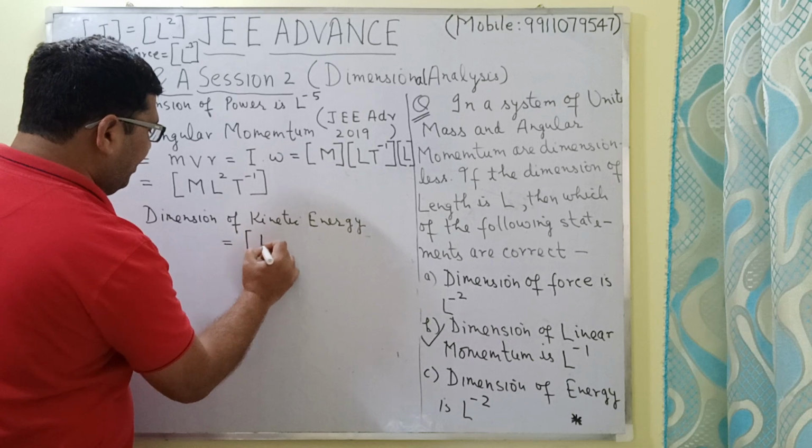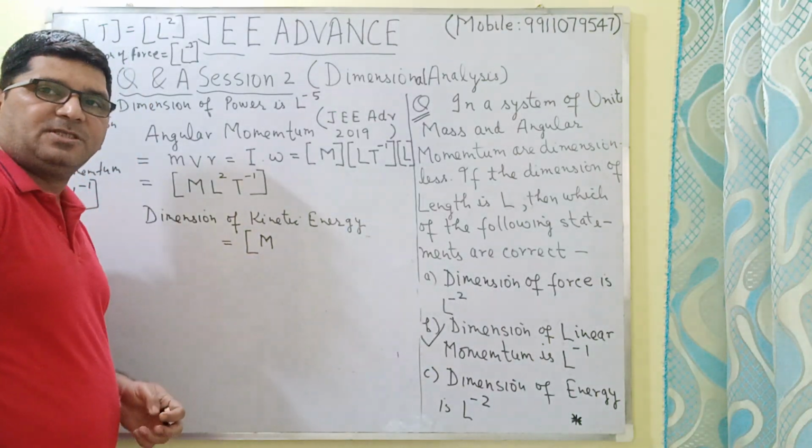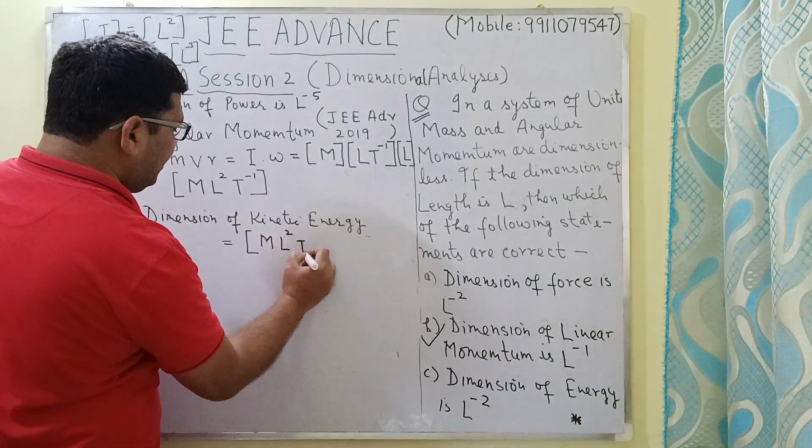So this will be equal to M. Now v square: the dimension of velocity is L T minus 1. So if I square it, this will be equal to L square T minus 2.